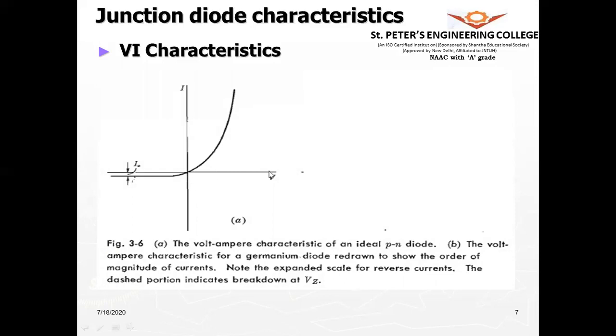But the voltage across the diode is very small, or it almost becomes constant. The voltage becomes approximately constant, and the current goes on increasing. This is for the forward bias. So this is the voltage along the x-axis and current I along the y-axis.